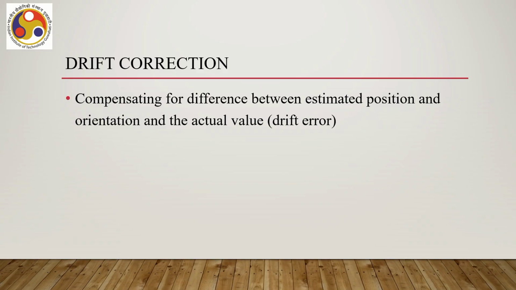And finally, drift correction. Remember that we started by assuming that there will always be some error when we are measuring something with sensors or trackers, so they can never give you exactly the same natural values. Drift correction means compensating for differences between the estimated position and orientation, or the estimated tracking, and the actual position and orientation.